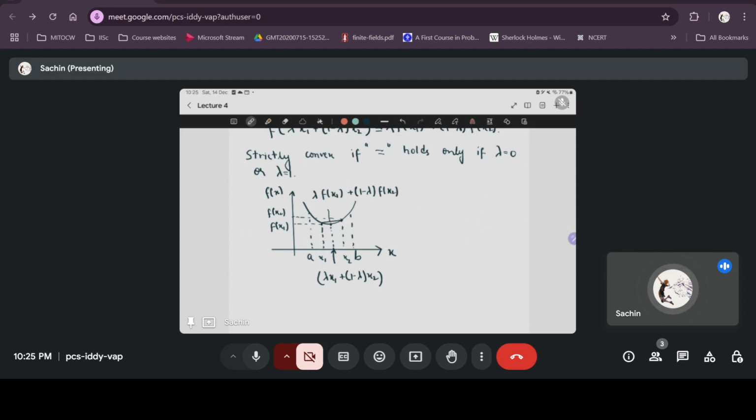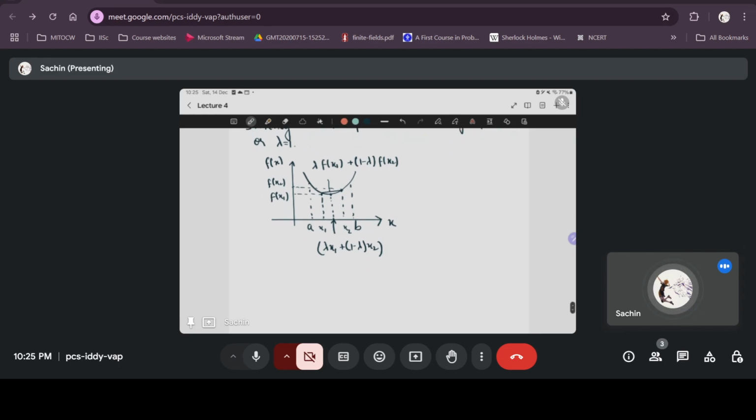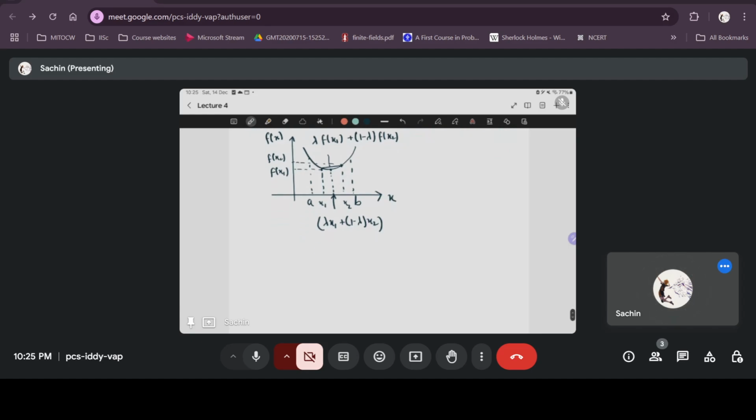And the function evaluated at lambda x1 plus 1 minus lambda x2 will always be below the line joining f of x1 and f of x2. So below that chord. That is, any chord you draw will always be above the function line itself. So then it is called a convex function.